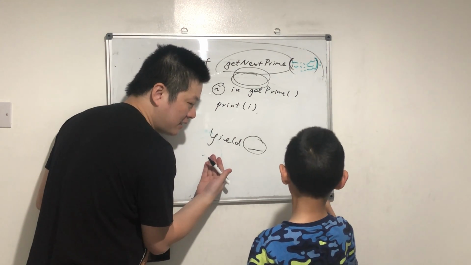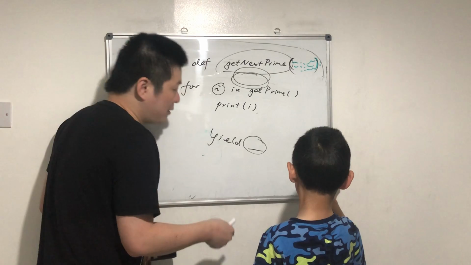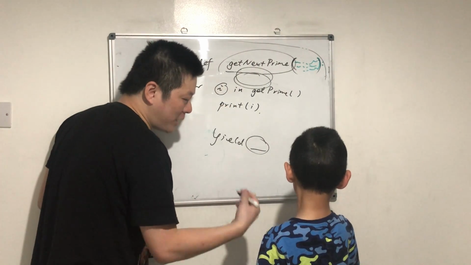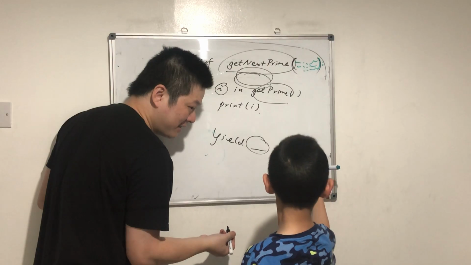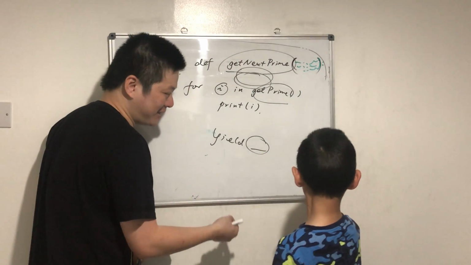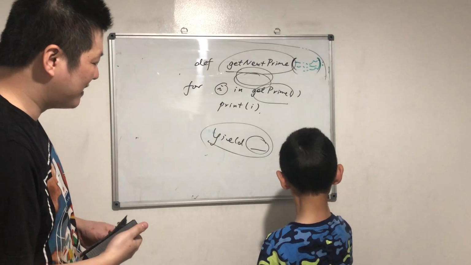I don't know how many more numbers I need to give you, because it's unlimited, but I know the next one. So that's why the yield from. Okay? Got it?